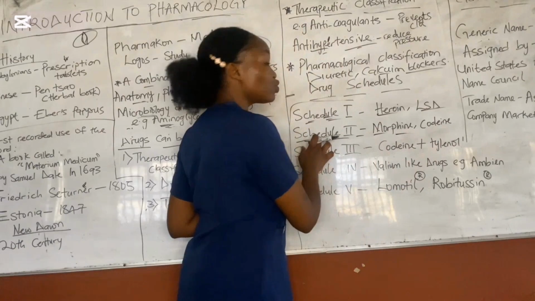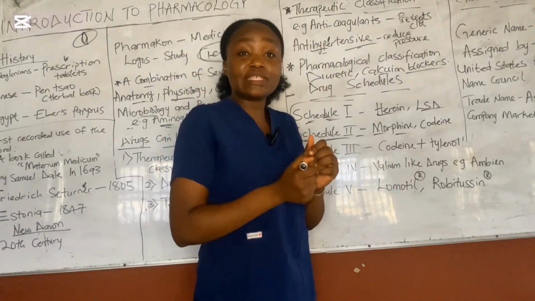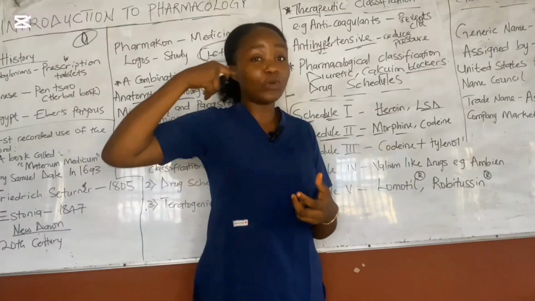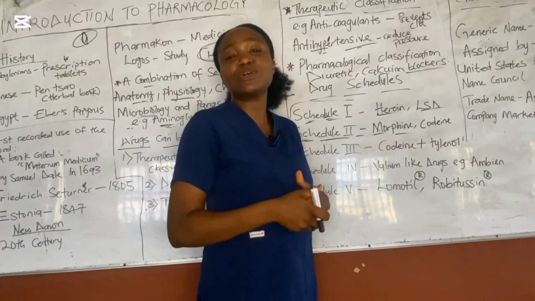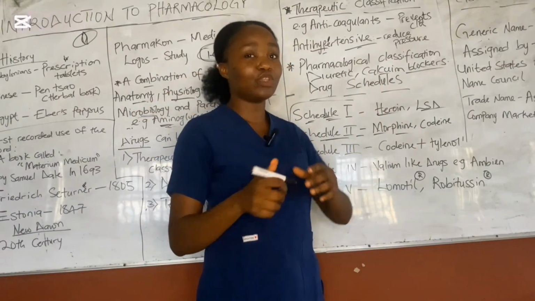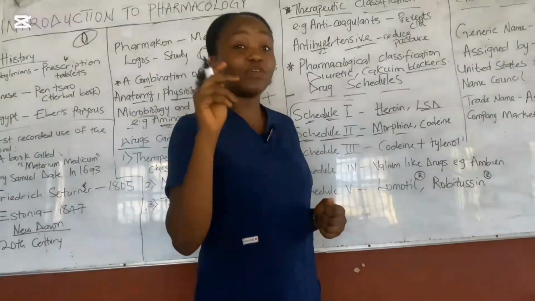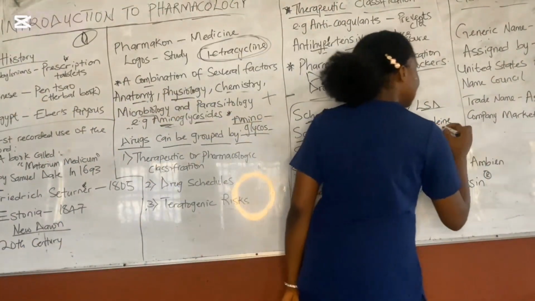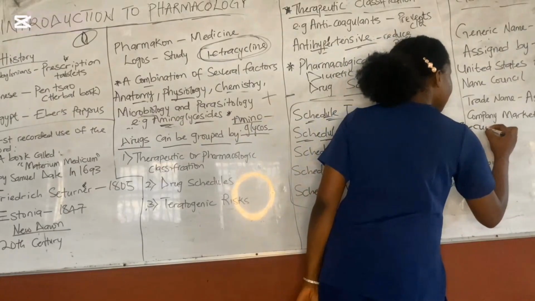But these Schedule 2 drugs can only be gotten with a one-time prescription, and it cannot be phoned in. A doctor cannot phone a pharmacist and say, I'm the doctor, give this drug to this patient. No, because it should only be filled on what they call security prescription forms.